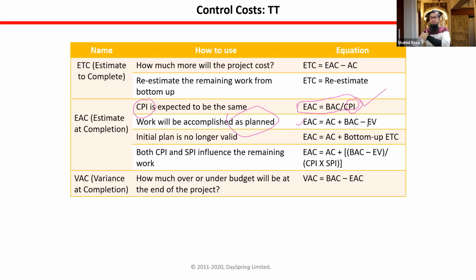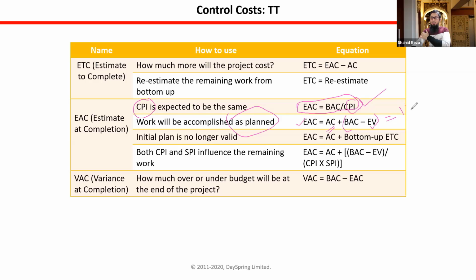Only in that case do we use this formula. That means we have spent already how much? Actual cost plus BAC, budget at completion, minus earned value.